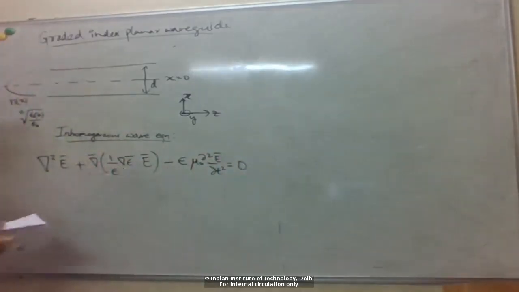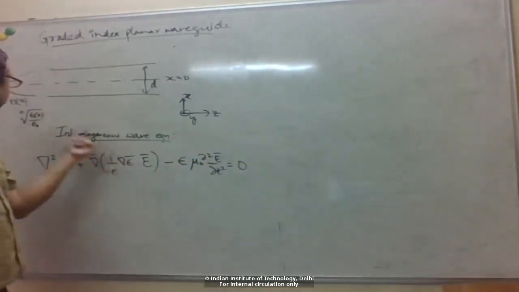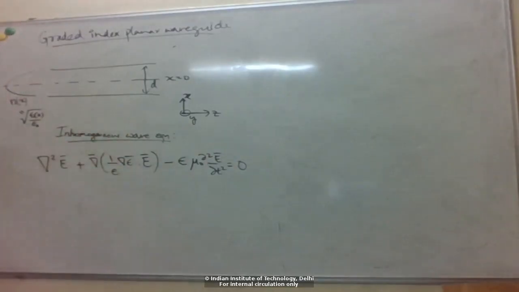We said, okay, if we have a homogeneous medium where the dielectric constant is independent of position, then this term is 0. But in a general inhomogeneous medium, of course, now because epsilon is a function of x, the gradient of epsilon is non-zero, which means this term in general could be non-zero.